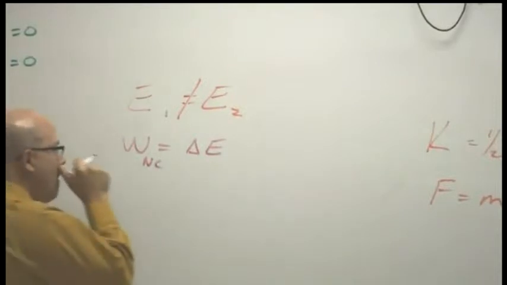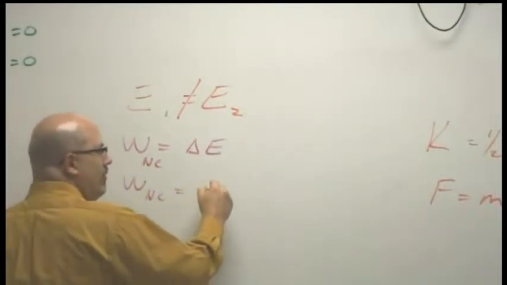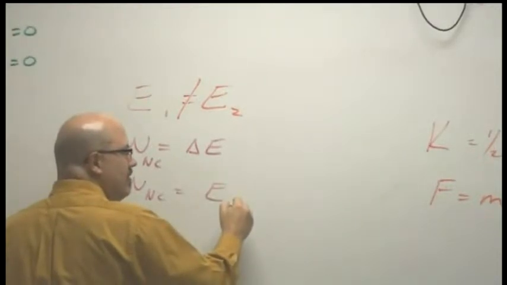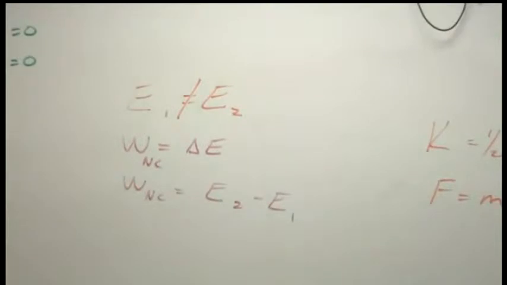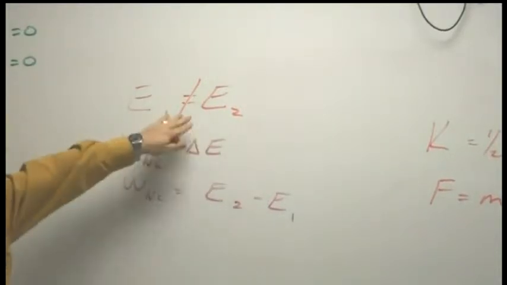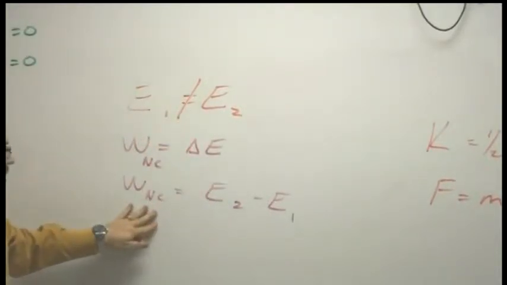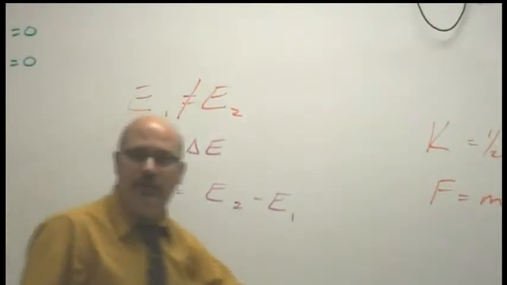So work done by a non-conservative force equals energy final minus energy initial, right? If this is 0, then you have conservation of energy, but we don't have that in this case. We got this. So how much work is here? Fill this stuff in.